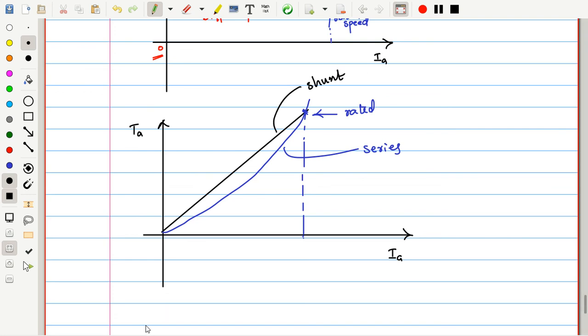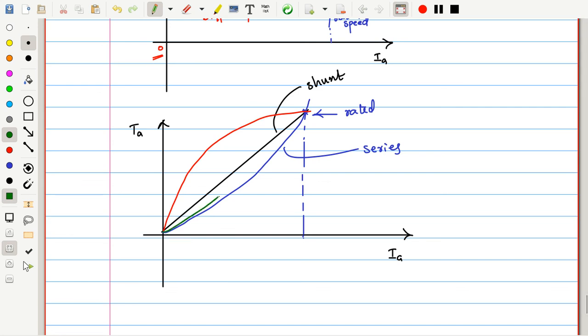Now for the differential compound, let me choose red color. It is quite opposite: for differential it is upward, for cumulative it is downward, but above the series characteristics.